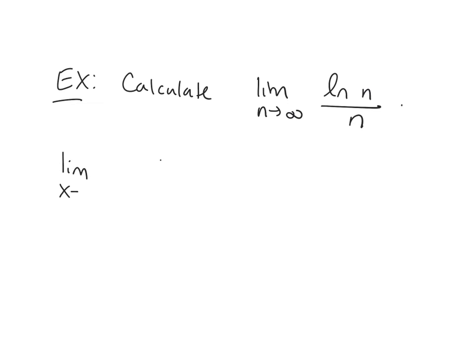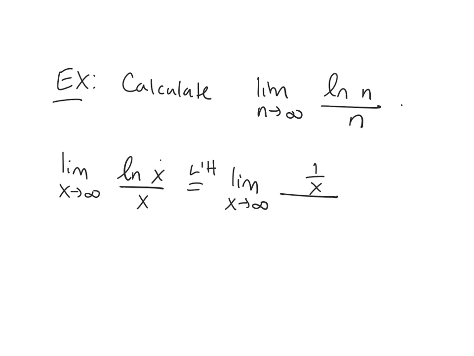You replace n with x, and now I have a function, so I can use L'Hopital's rule because you need to take derivatives with L'Hopital's rule, so you've got to have a function. So what's the derivative of ln of x? 1 over x. What's the derivative of x? 1.